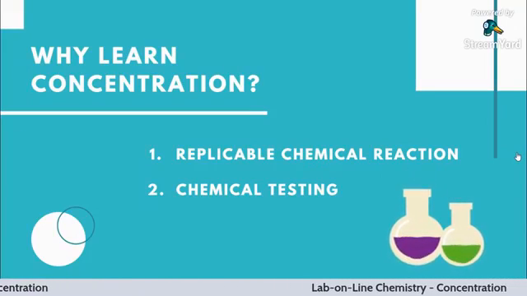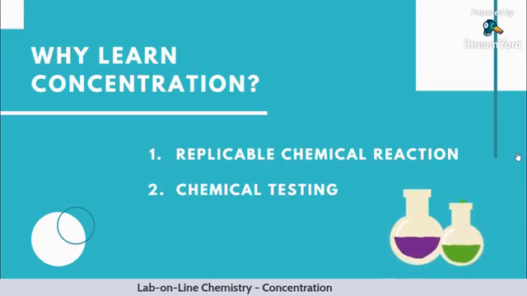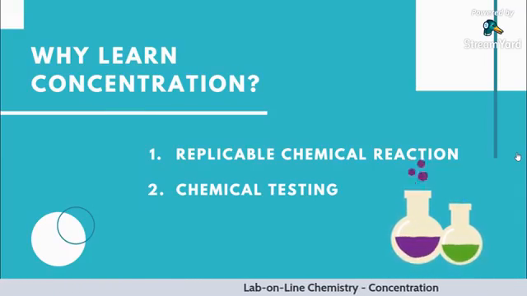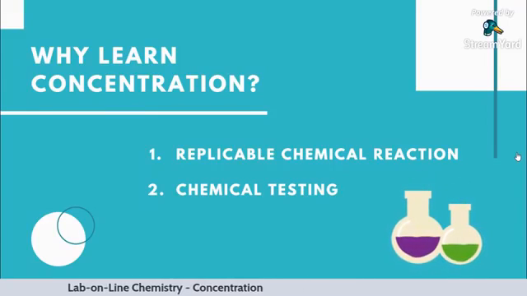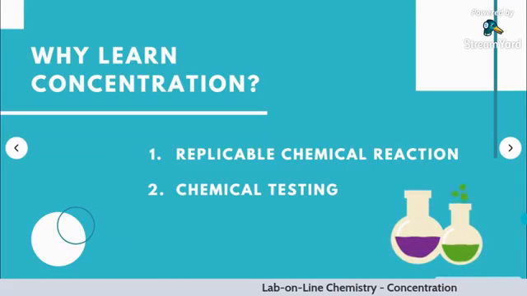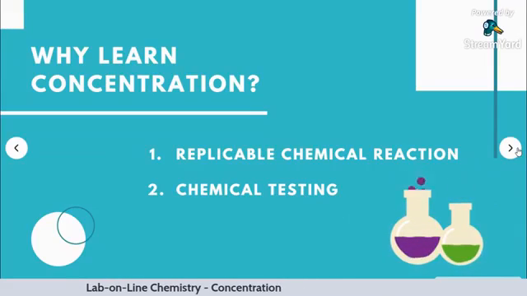And next, chemical testing. What role does concentration play in chemical testing? Have you ever thought about it? Yes, it will help us to identify concentrations which could be risky or dangerous to users. For example, we use chlorine to clean our swimming pool. Once cleaned, we will test the concentration of chlorine in the pool water.